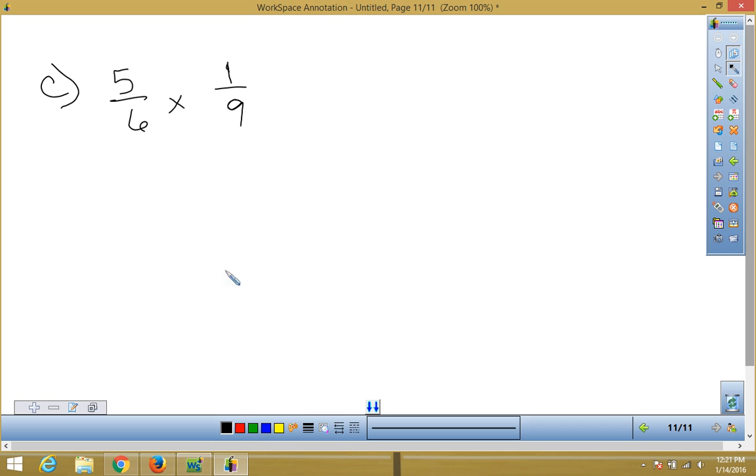Equals 1/9. We are not multiplying as is. We're estimating. We're rounding. I round 5/6 to 1 and times 1/9. So you have to round both fractions.